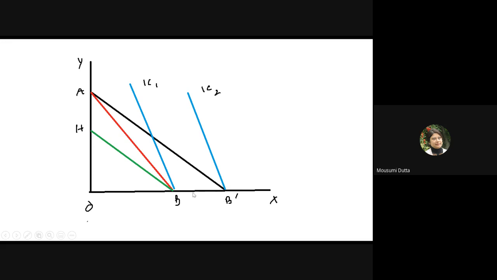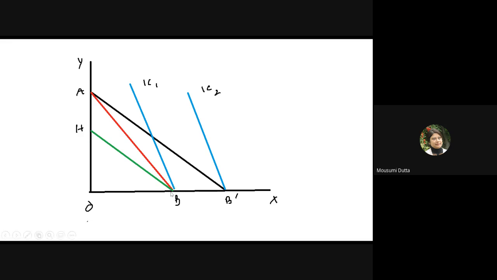Now to separate out the total effect of relative price change, BB prime, between substitution and income effect, I consider a hypothetical budget line HB which is parallel to AB prime. And we find that with HB there will be no change in consumption.